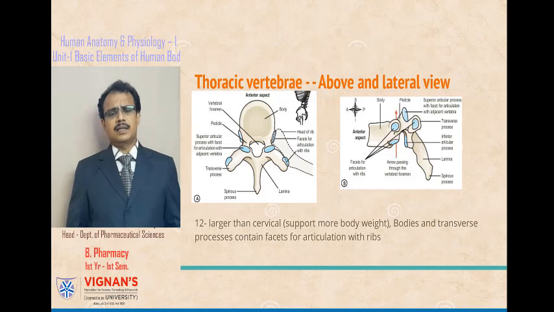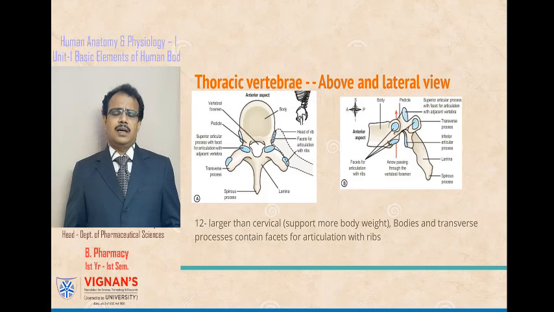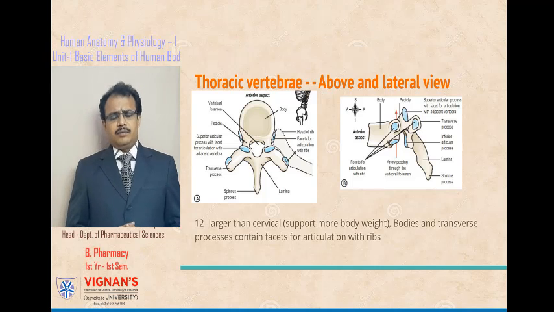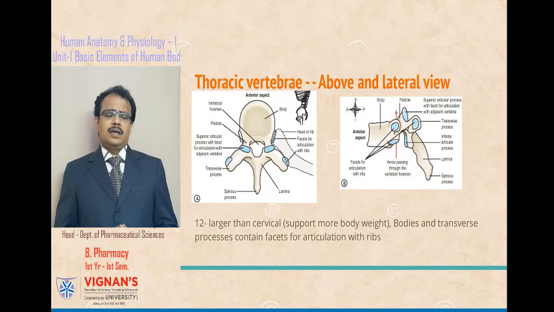And all the typical characteristics of a vertebrae which we have seen previously are visible for this thoracic vertebrae. We have seen that it has a body and it has a vertebral arc. The body is flattened, the vertebral arc has transverse process, spinous process, and vertebral foramen.